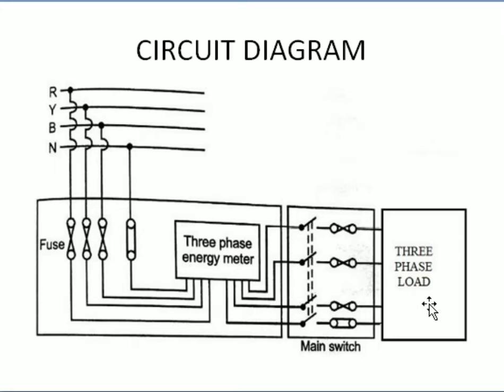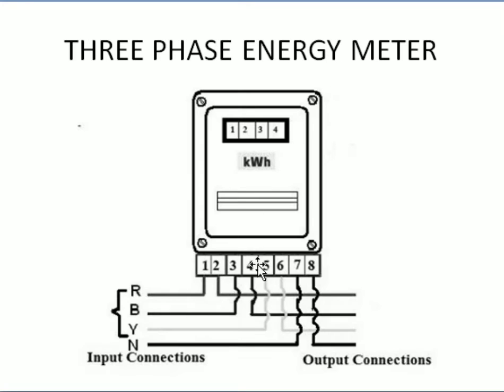In the 3 phase load, we can use high power rating motors or any other machines used in industries, and we supply them with this kind of circuit. A 3 phase energy meter has a total of 8 terminals.